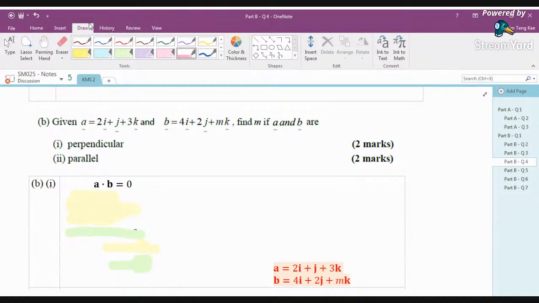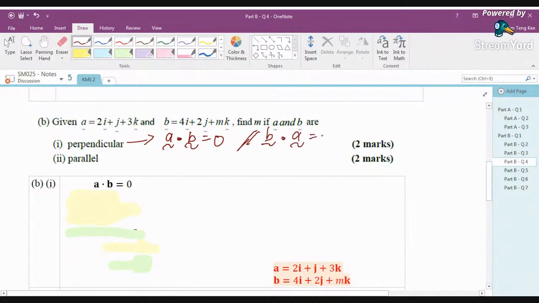So if they are perpendicular, the dot product should be equal to 0, where 0 is a scalar, not a vector. Of course you can reverse it to B dot A in the calculation, but here I just do A dot B. Or maybe I state it too, this is also fine.